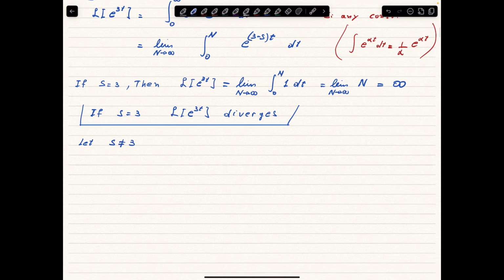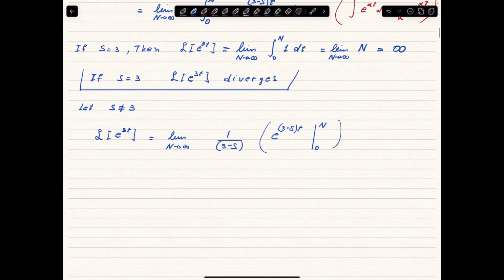So now the Laplace transform of the exponential 3t is the limit n goes to infinity, and now we can divide by 3 minus s, with the same exponential 3 minus s times t evaluated at 0 and n.